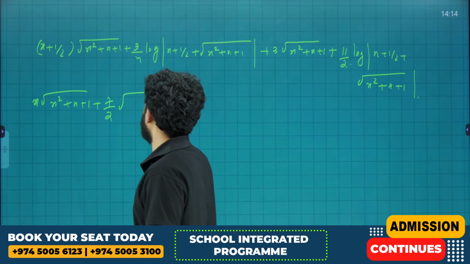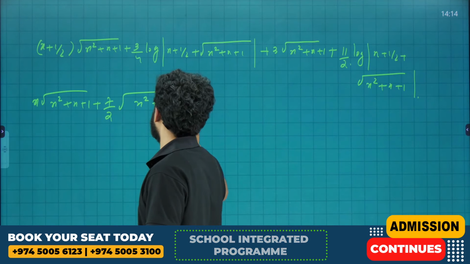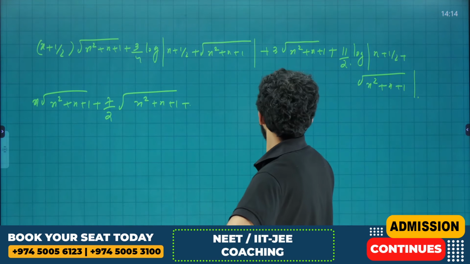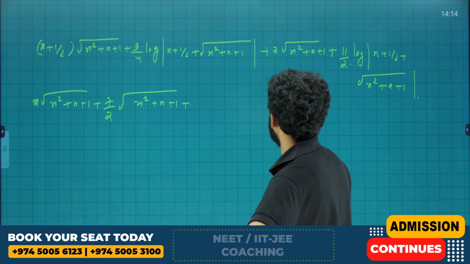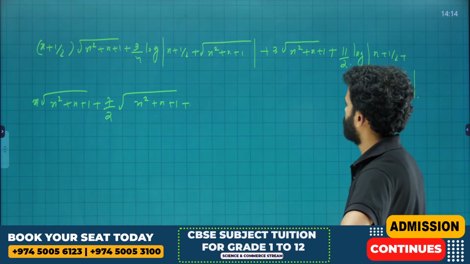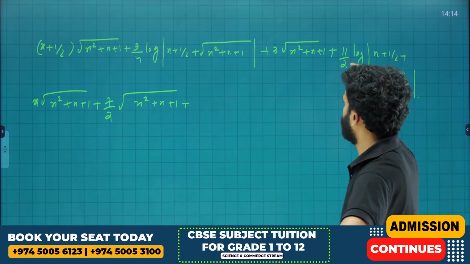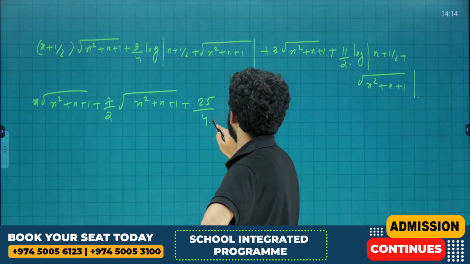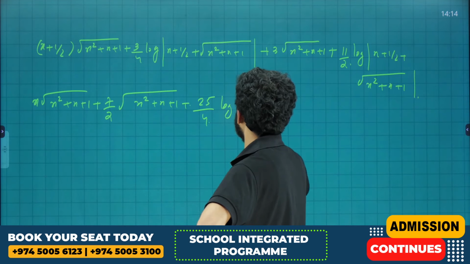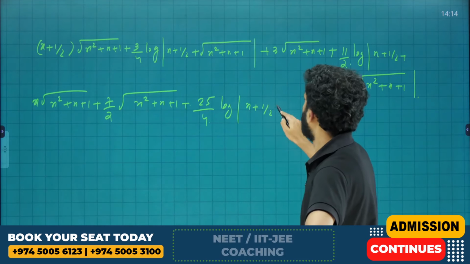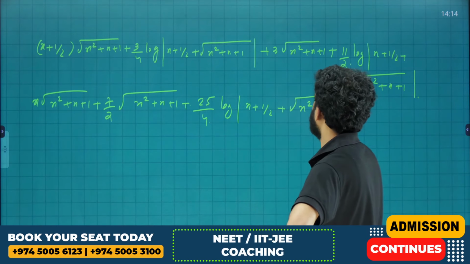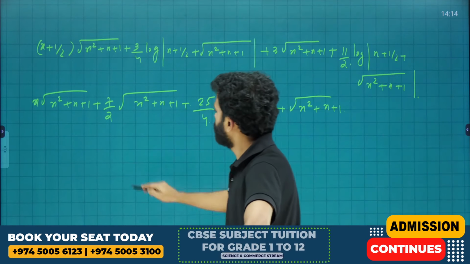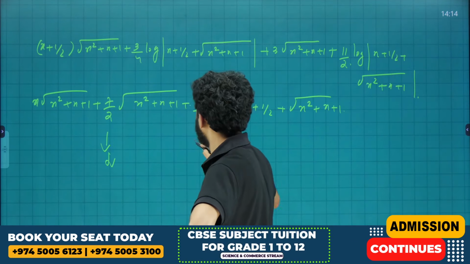That is 7 by 2 into root of x square plus x plus 1 plus, 3 by 4, yeah, like terms, right? 3 by 4 and 11 by 2, that is 22 by 4, 25 by 4, that is plus 25 by 4 into log mod x plus 1 by 2 plus root of x square plus x plus 1.